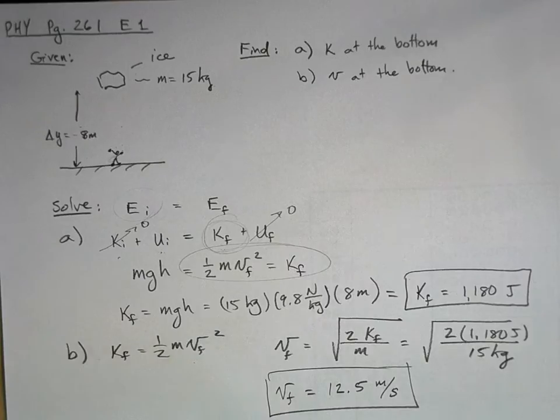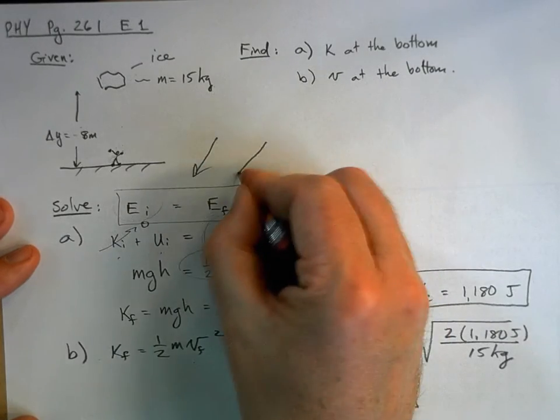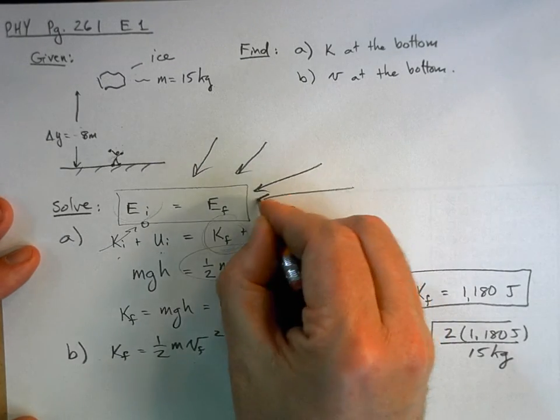Now, notice that I did it a little bit differently than the book. If you go and read the book's solution to this problem, they don't start with this. But this is a big deal.